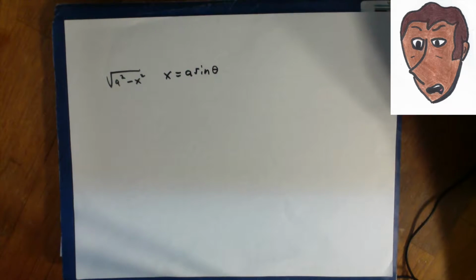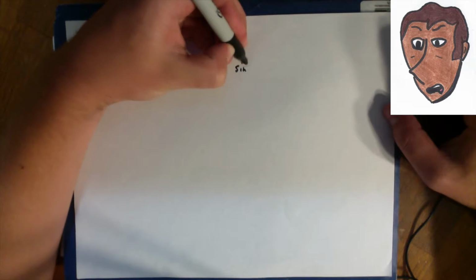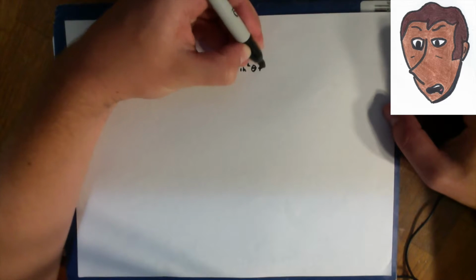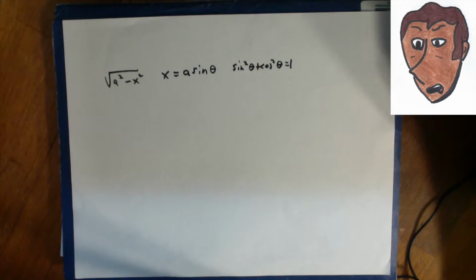In our last case, a was just 1, so it was a little less complicated. So we use the trig identity sine squared theta plus cosine squared theta equals 1 to make things work. And then you can usually get a real answer for your integral.